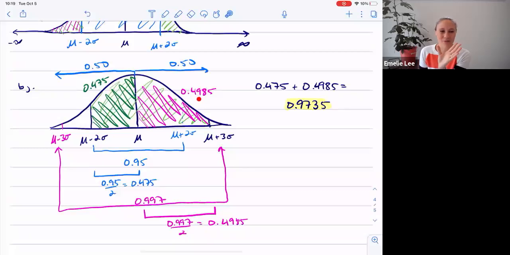So 0.4985 has to be larger than 0.475, right? If you're finding that this area that's larger has a lower probability, then that's bad, right? Something happened. But it checks out. 0.475 is less than 0.4985, so I'm okay with what I've done here.